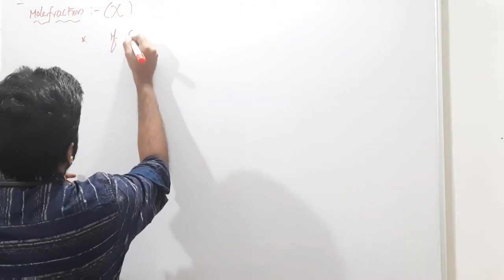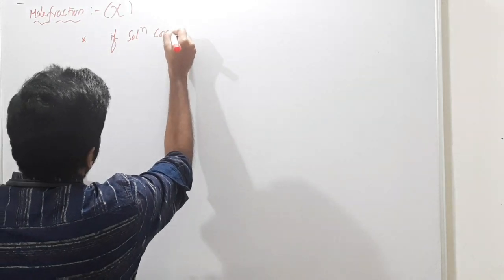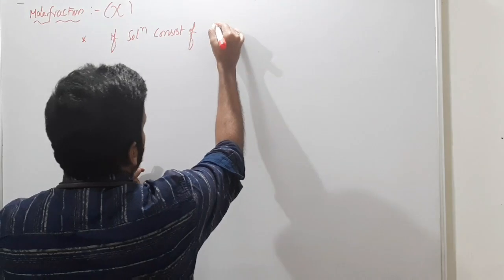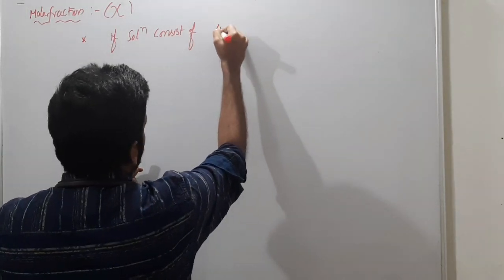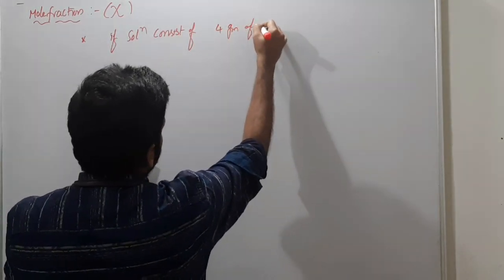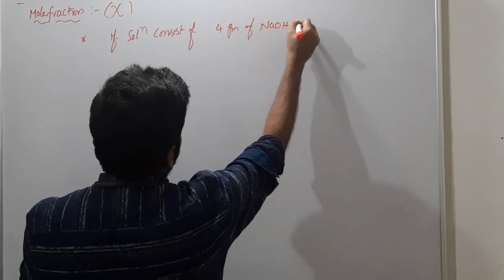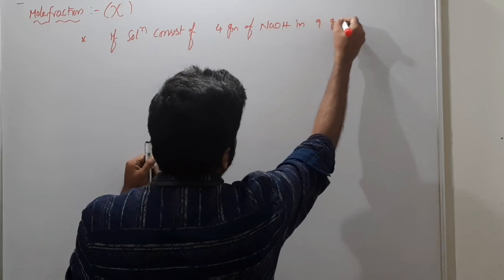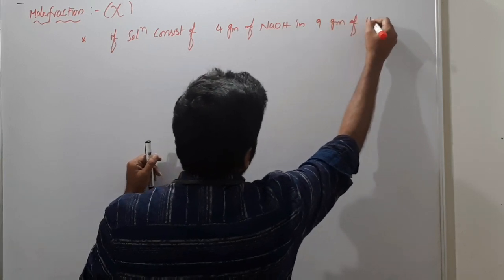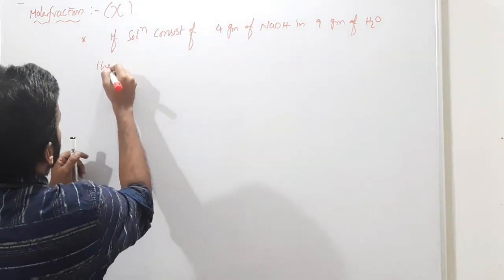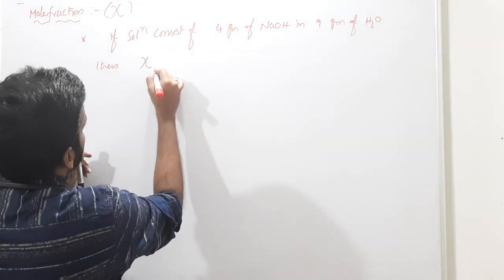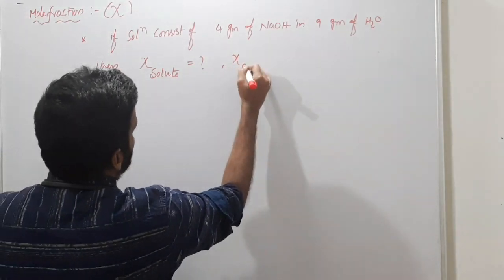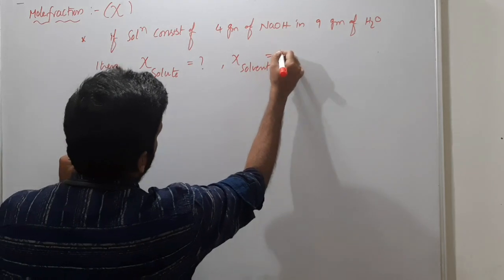If a solution consists of some 4 grams of NaOH in some 9 grams of water, then what is the mole fraction of solute and what is the mole fraction of solvent?